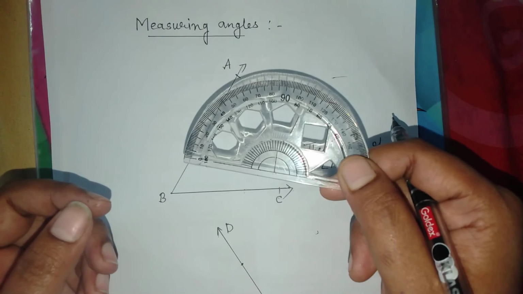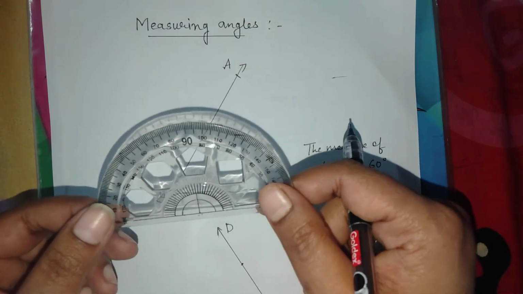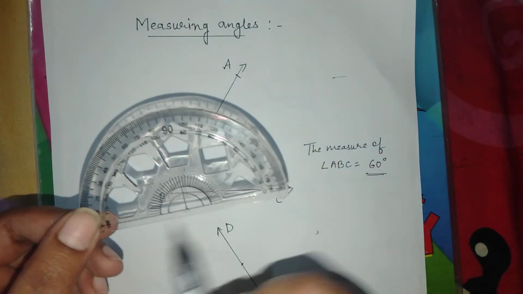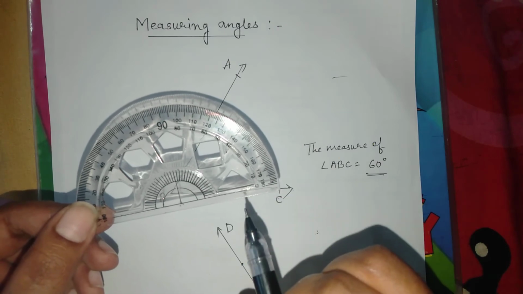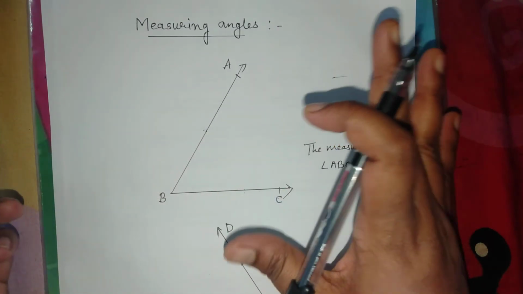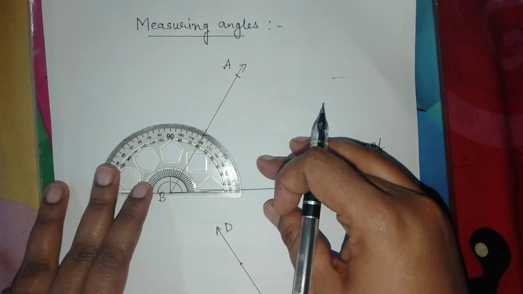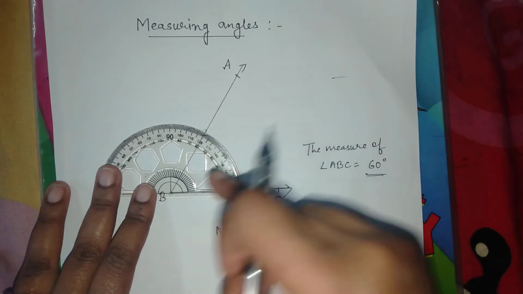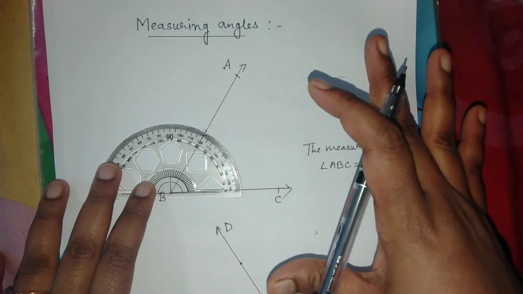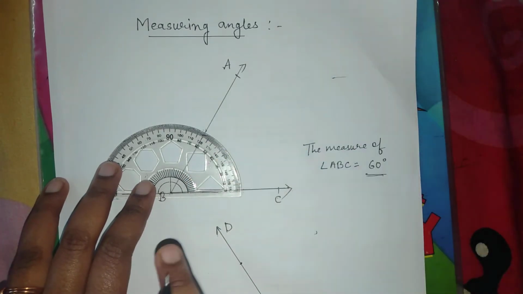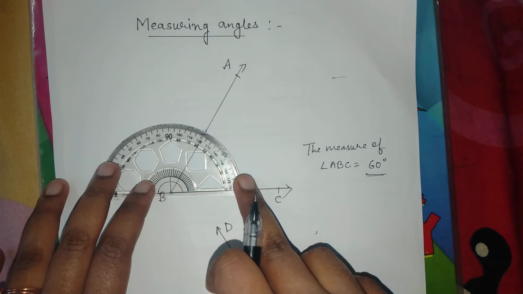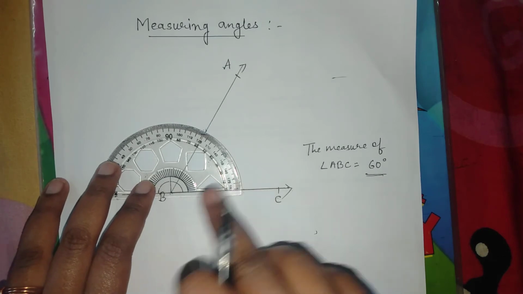First take the protractor and place the baseline. What is the baseline? This is called the baseline, which you have to place along one of the arms of the angle. You have to place the center on the vertex. Okay, where is your vertex?